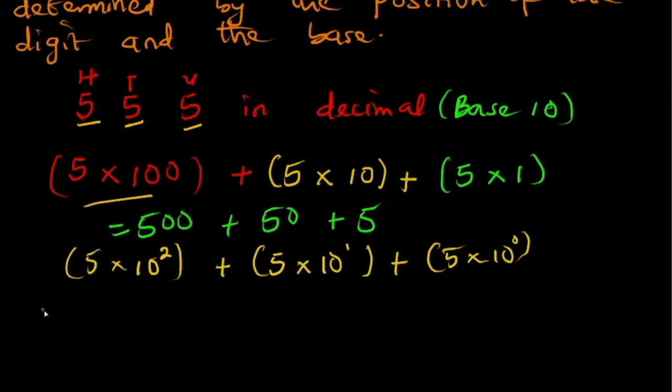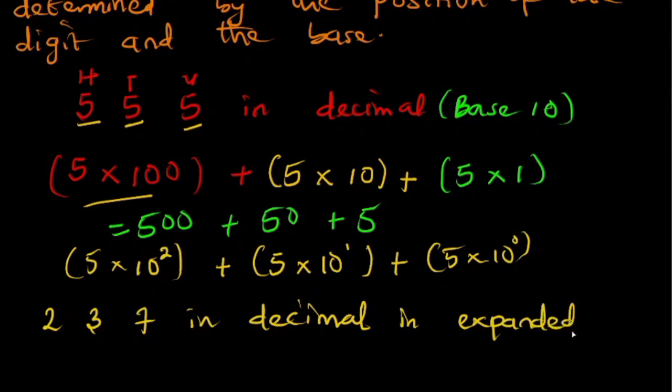As a quick example, another example is this: 237 in decimal. In this case, how can we write this in its expanded form? For us to write this in its expanded form, because that is basically what we are doing, just to be able to understand where all this comes from.